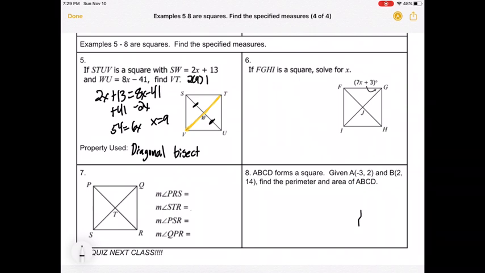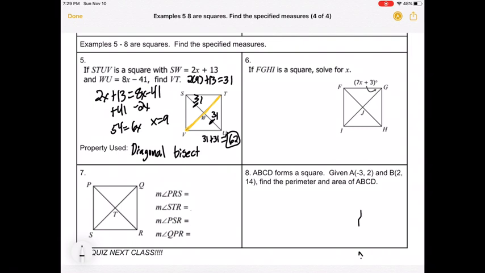So 2 times 9 plus 13 would give you 31. So that is 31, and this is 31. So if you wanted to find VT, it's the same as both of those together. So 31 plus 31 would give you a final answer of 62.